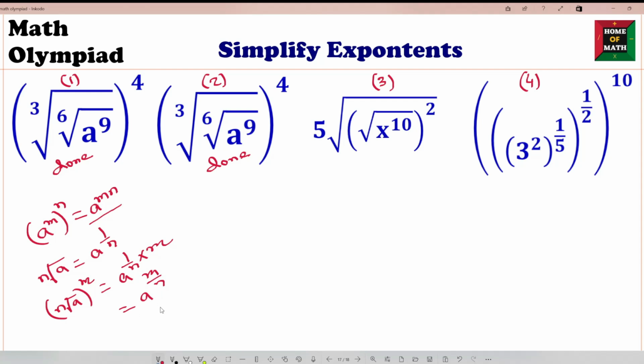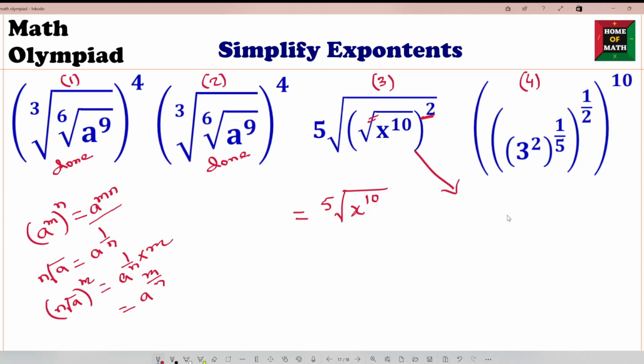This is a basic concept of exponent. So similarly, here is the fifth root of the square root of x to the power 10, whole squared. Here is a root sign and here is a square, so we can take this out. So the balance is x to the power 10. Okay, it's a normal thing.